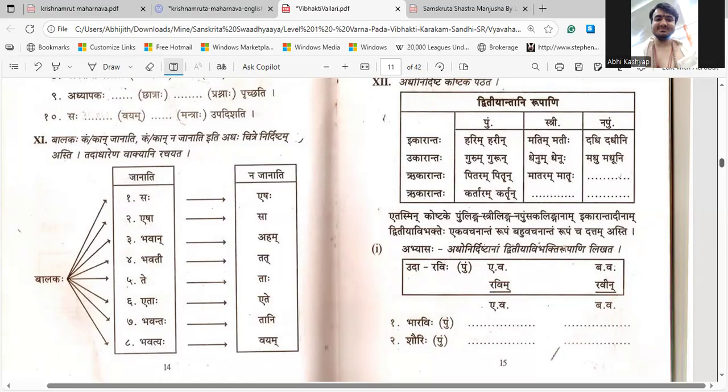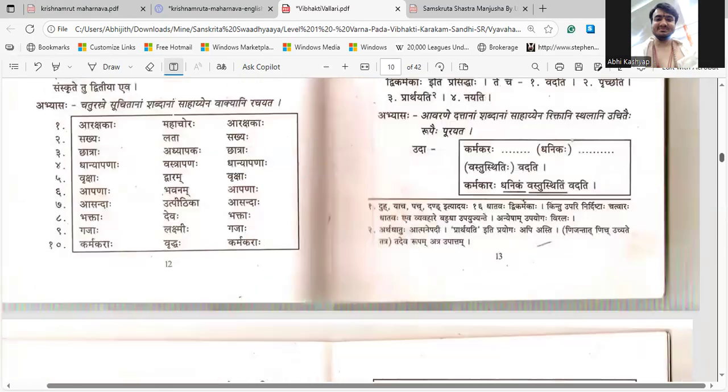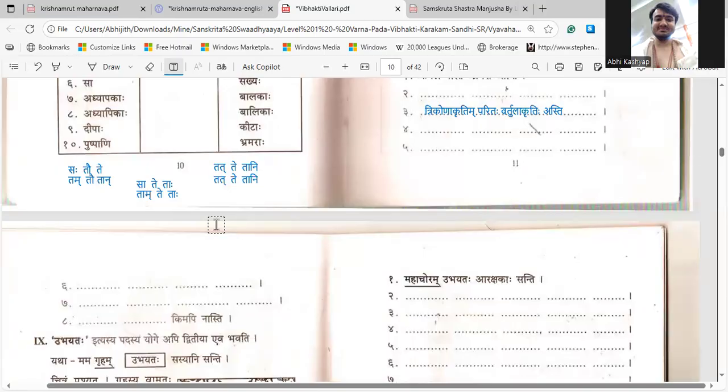We already know three. What are those three? Those three are he. This is he. Saha, tau, te. This is Prathama Vibhakti. Dvitiya Vibhakti is tam, tau, tan. Then she, sa.